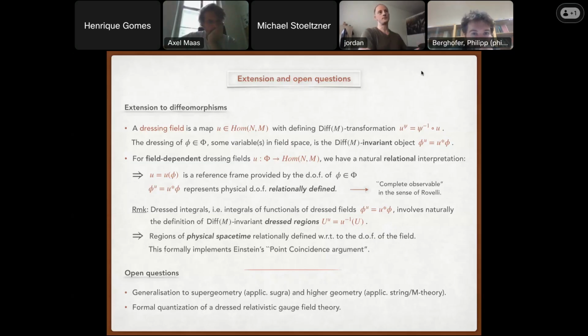Sure, it is a kinematical question, but there is a further question depending on how you plan to implement these dressings. But I think I agree with the spirit of your remark. From the strictly kinematical point of view, you would say I have a collection of fields, all transforming in synchronicity, so to speak, under the symmetry.